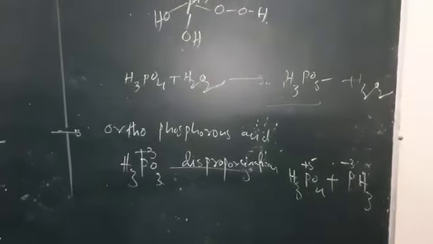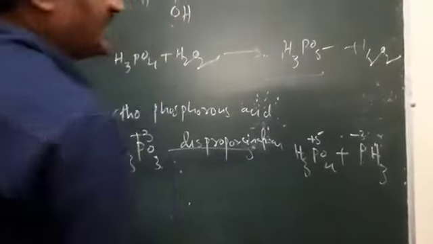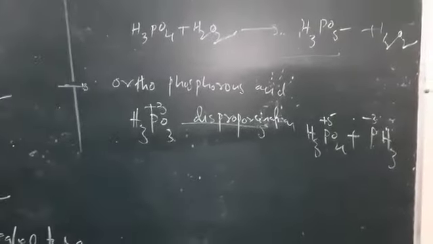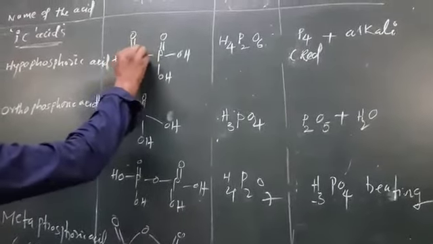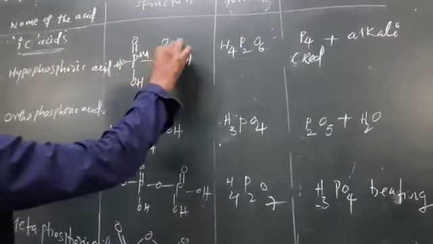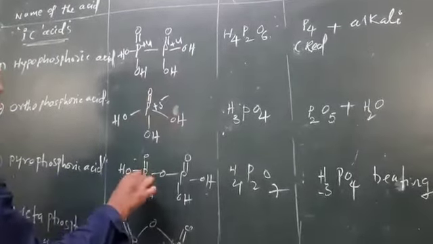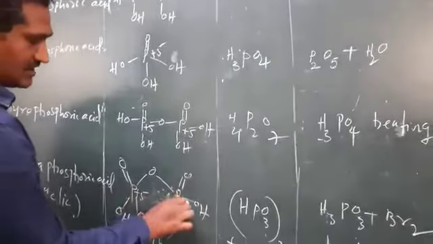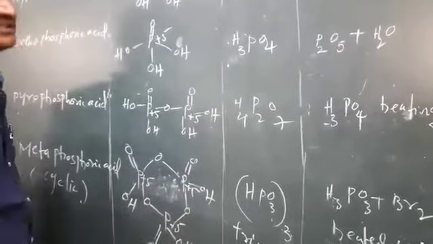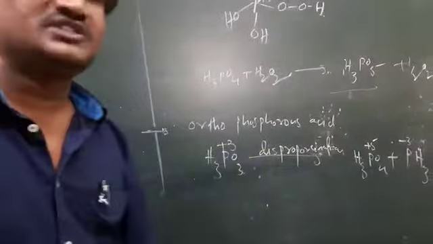So +3 goes to +5 and +3 goes to -3, which means a disproportionation reaction.